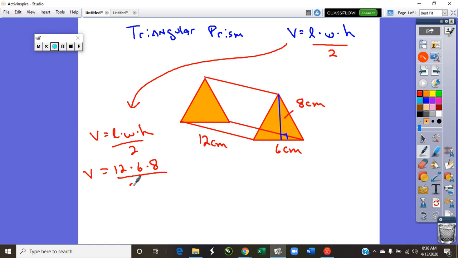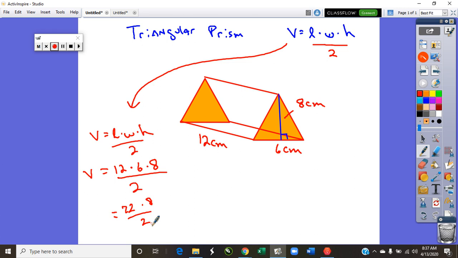And I'm going to multiply it all and divide it by 2. Well, let's go ahead and do 12 times 6. What is 12 times 6? 12 times 6 is 72. So I'm going to multiply 72 times 8 and divide it by 2.